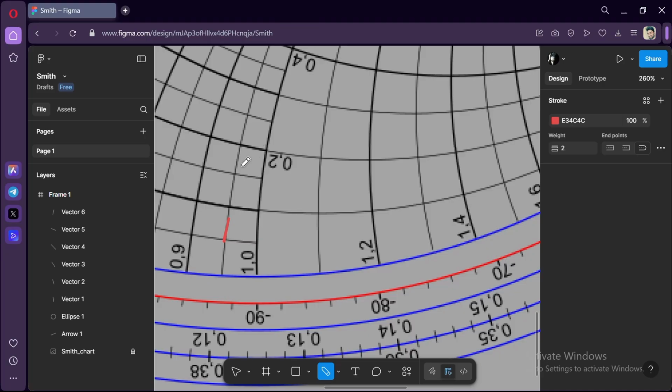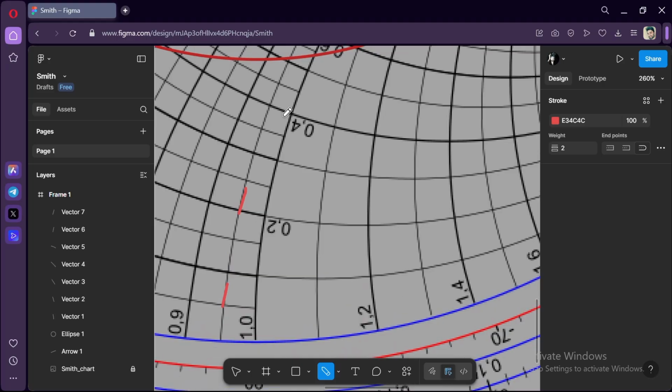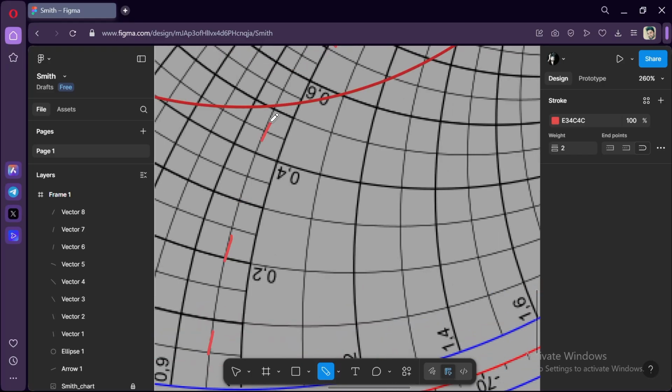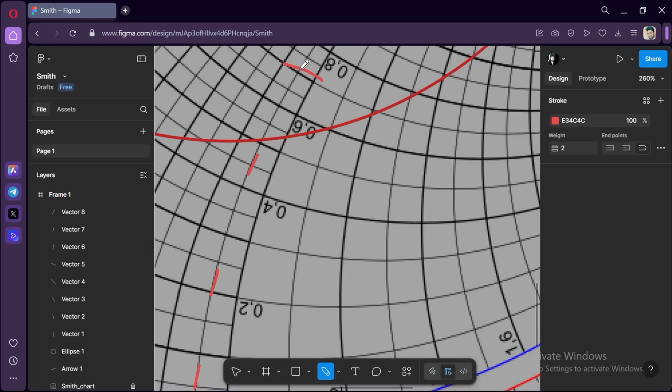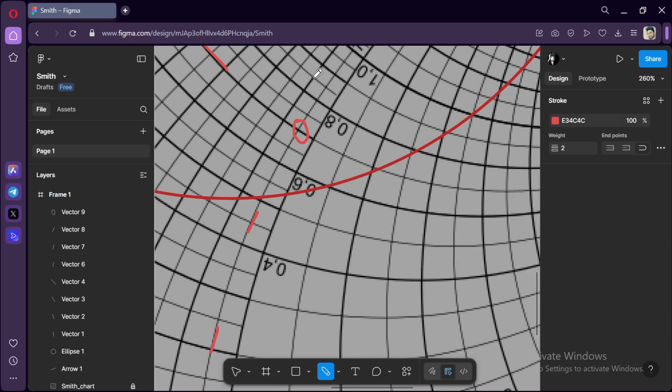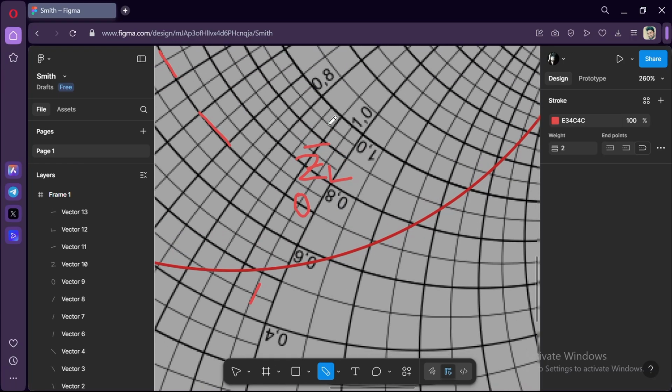So the intersection of these two lines here, this point, this is our normalized ZL.